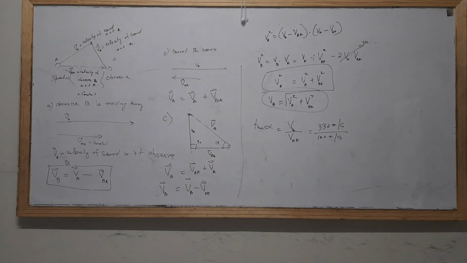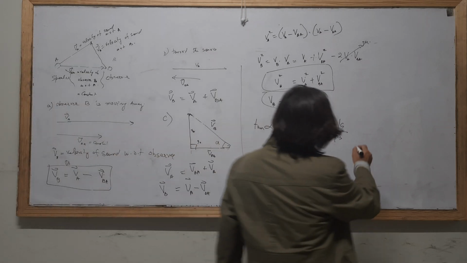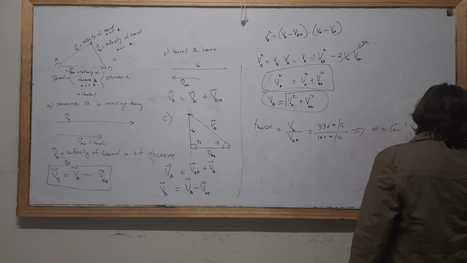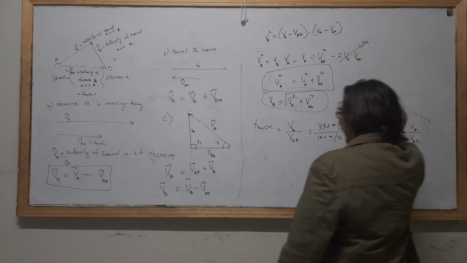That is given in the exercise. So from here you may find alpha, tan inverse of VA divided by VBA. So that is the result.